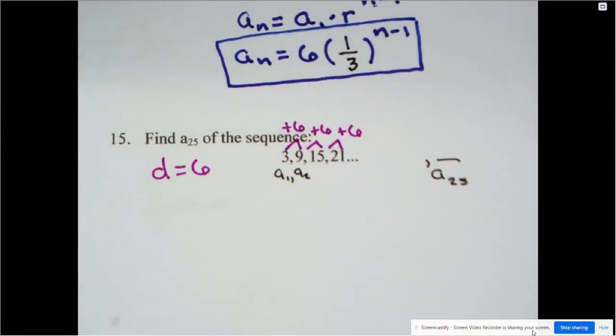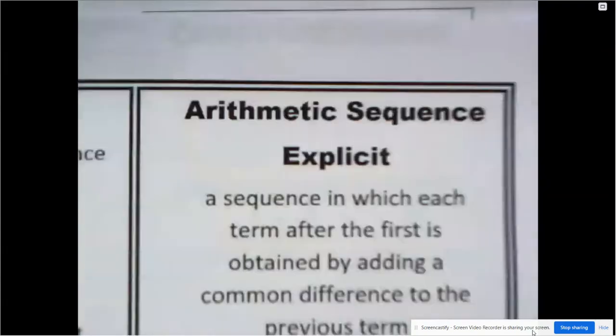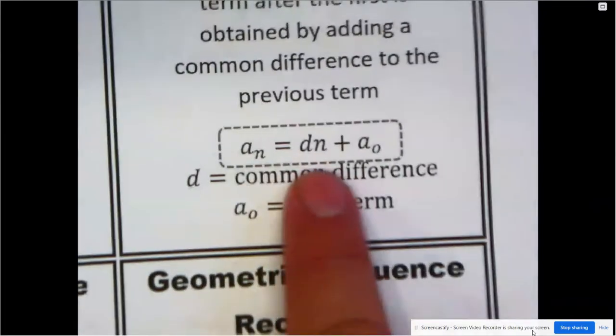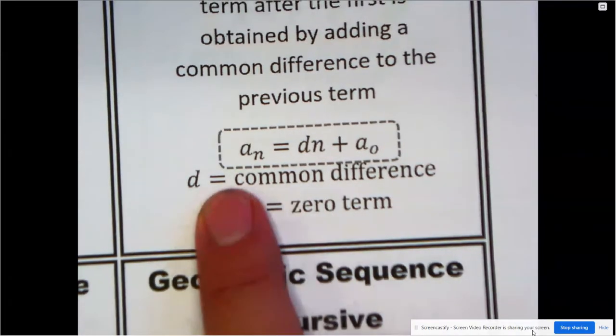Okay? So they want me to find the 25th term. Well, I'm not ready for that yet. First thing I'm going to do is create my rule. Okay? So in looking at this very carefully, remember what the rule said earlier. When you're writing an arithmetic explicit sequence, remember, not recursive, I need the letter D. Okay, we have that.